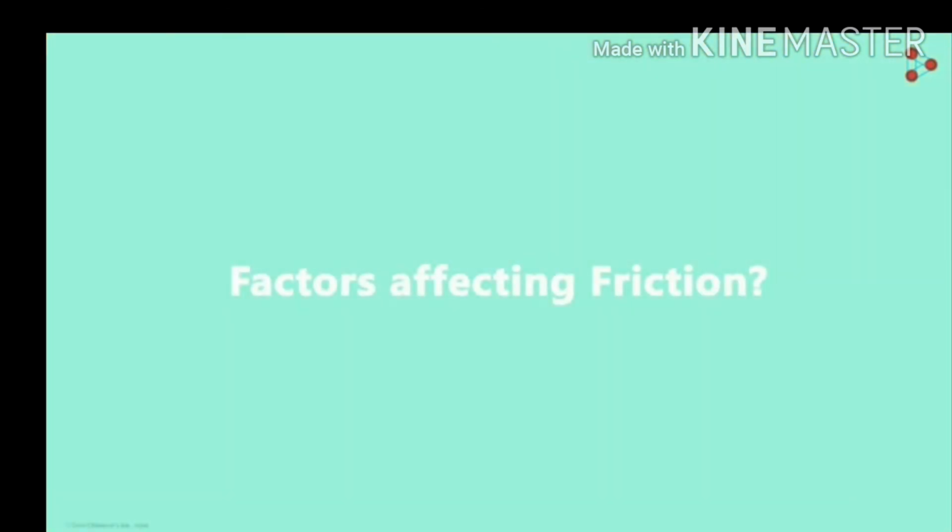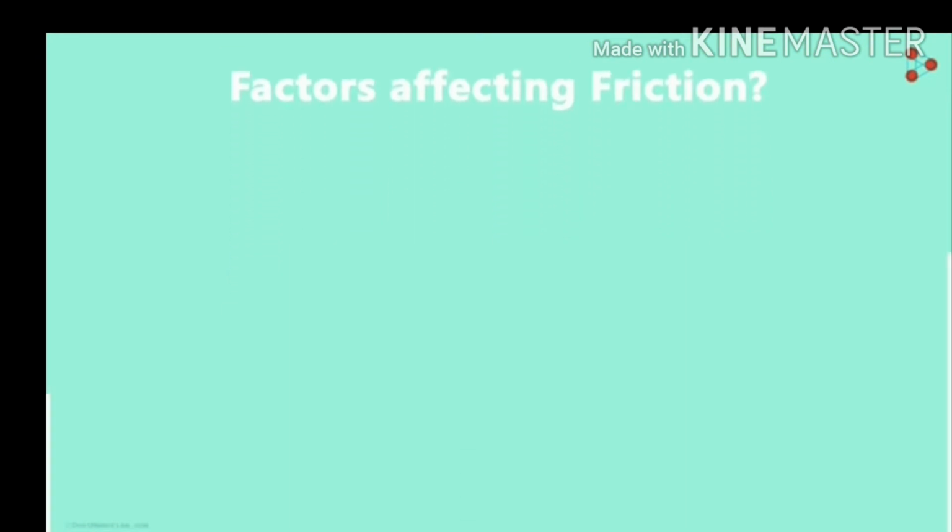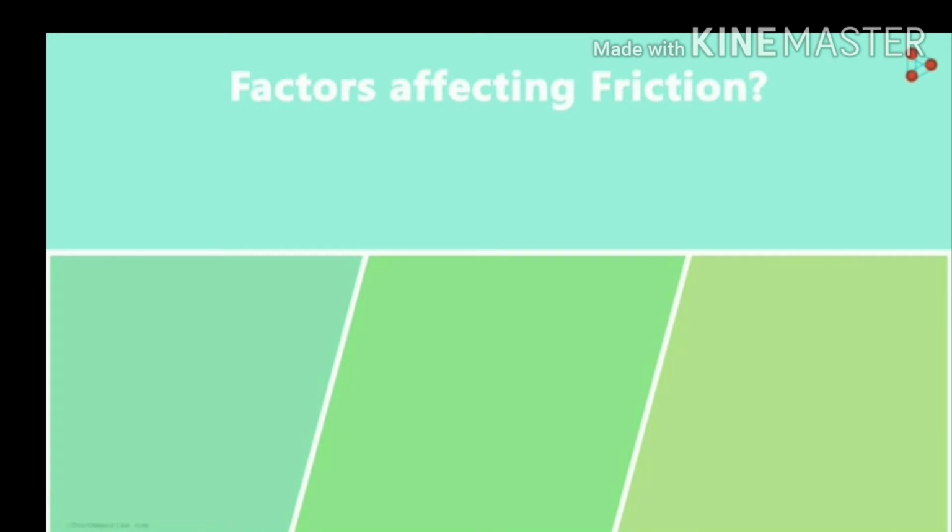That's placed on the table. We know that if we are pushing the cube in this direction, then the force of friction will act in the opposite direction. If we apply a force along the left, then the force of friction will act towards the right and vice versa. The force of friction will always oppose the applied force. What are the factors that affect the friction? Let me give you three situations and then you tell me what it depends on.